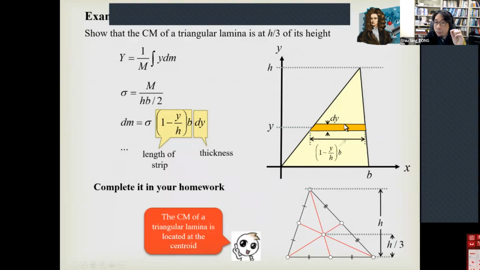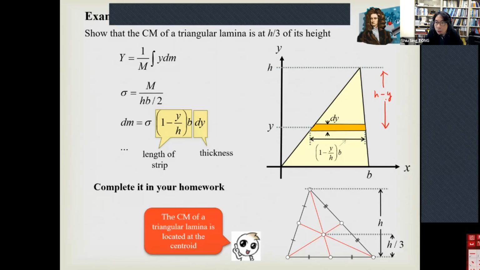Well, we find the width by similar triangles. What is the similar triangle that is involved in this situation? You see this triangle and this triangle, the large triangle and the small triangle here, they are similar triangles, right? The total height of the big triangle is h. This height is y, so this height is h minus y.